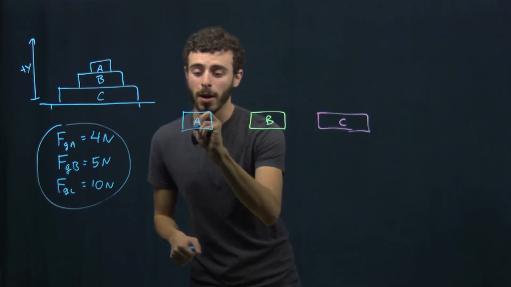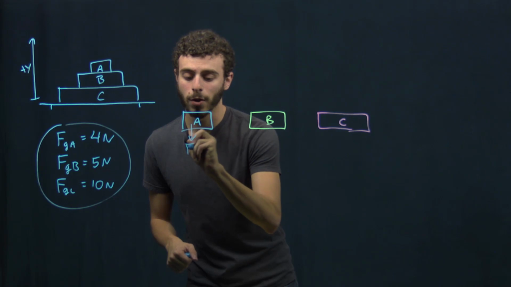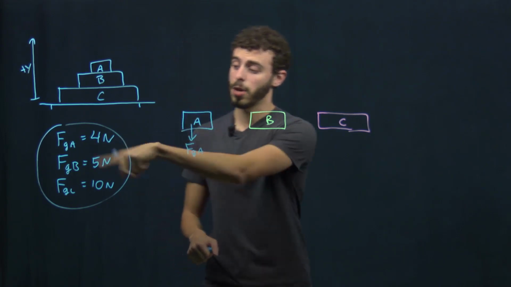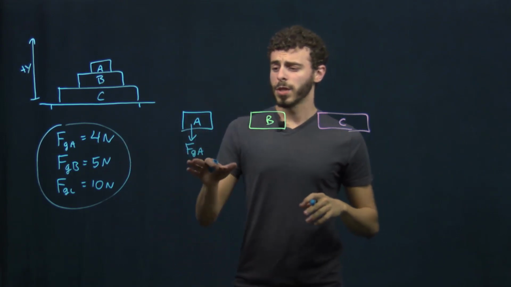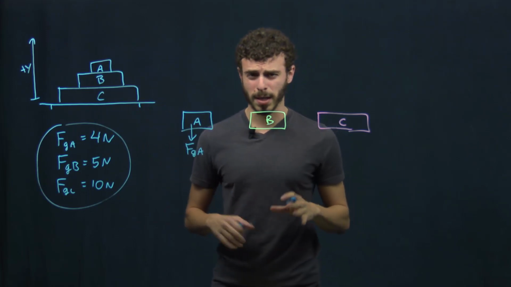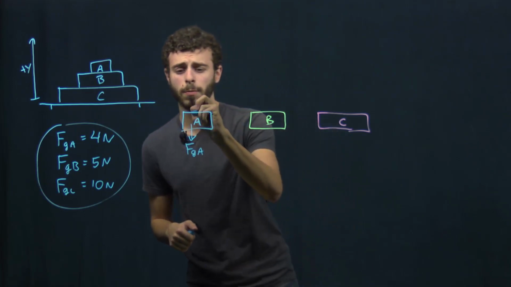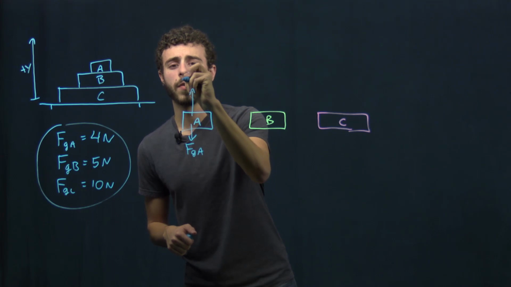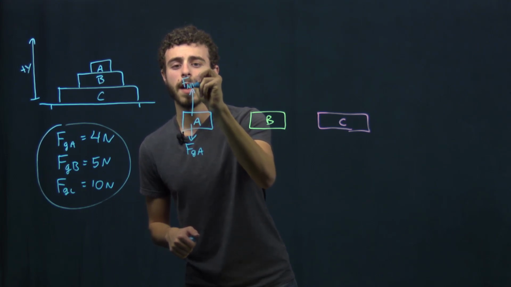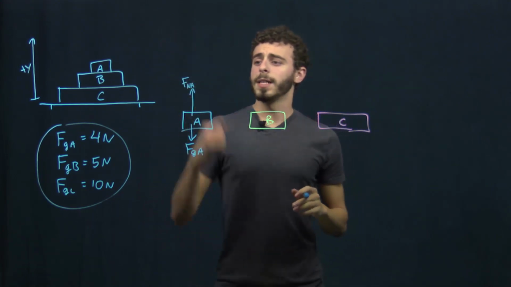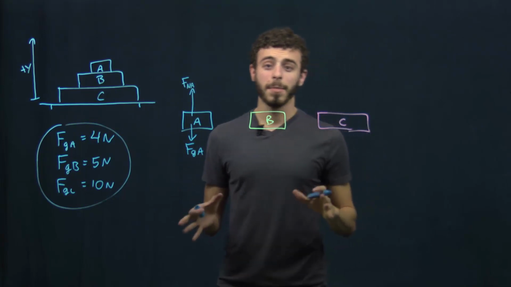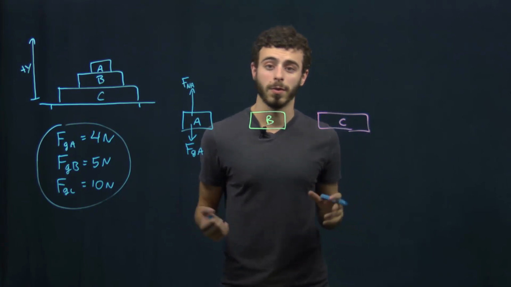For block A, we know there will be a force of gravity on block A, and we actually know the amount, so that's nice. That's one force. And for block A, the only other force that's going to act is a normal force. So we know there will be a normal force on A. Now, instead of just leaving this as the normal force, I'm going to rewrite this in the spirit of Newton's third law pairs.